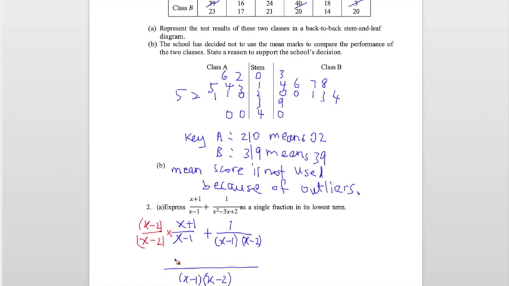And the numerator is x minus 2 times x plus 1 plus 1. Okay, we need to expand this out and simplify further. Okay, so when we expand and simplify, our final answer will be x squared minus x minus 1 over x minus 1 x minus 2. The denominator must be left in factorized form.